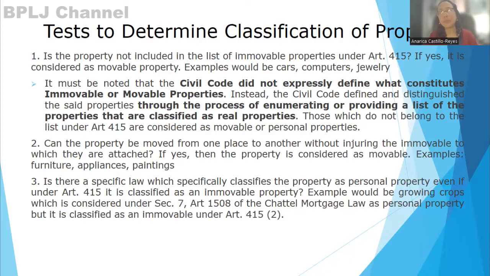Okay? Since a specific law is provided on the matter, then that specific law will prevail over the Civil Code, which is a general law.